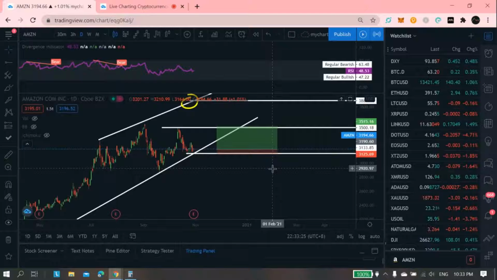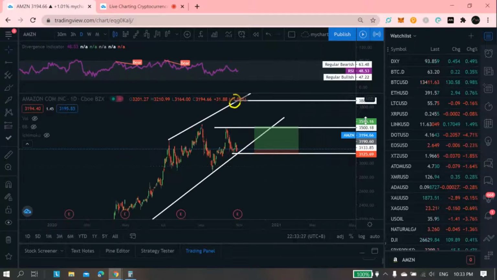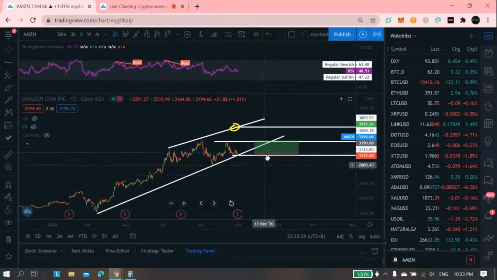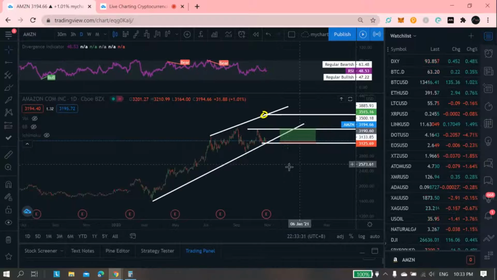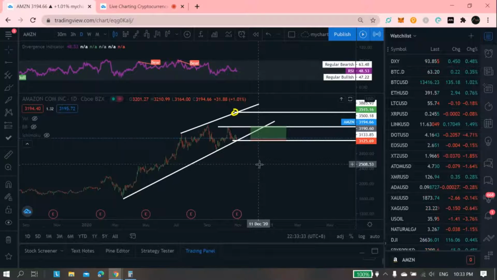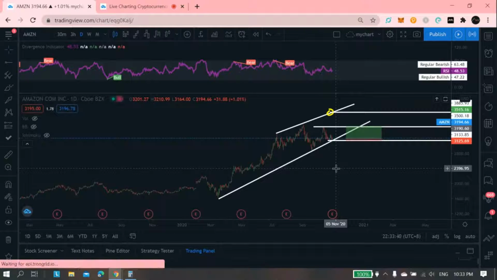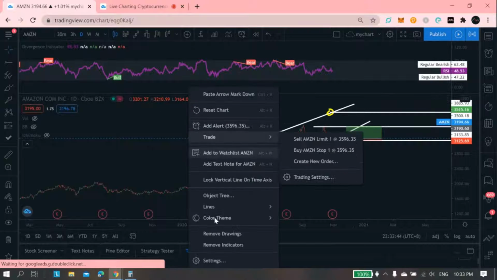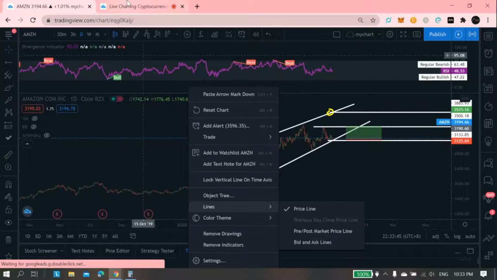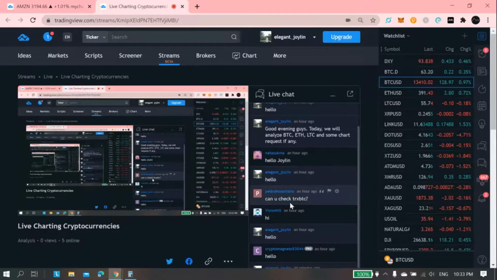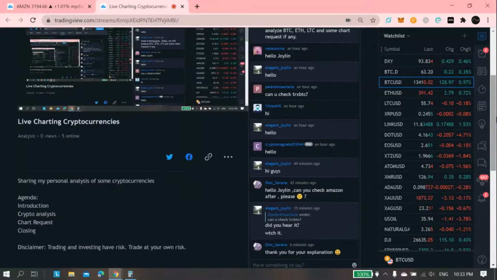So always manage risk and, as just the basics, buy at support and sell at resistance. I hope you watch that.